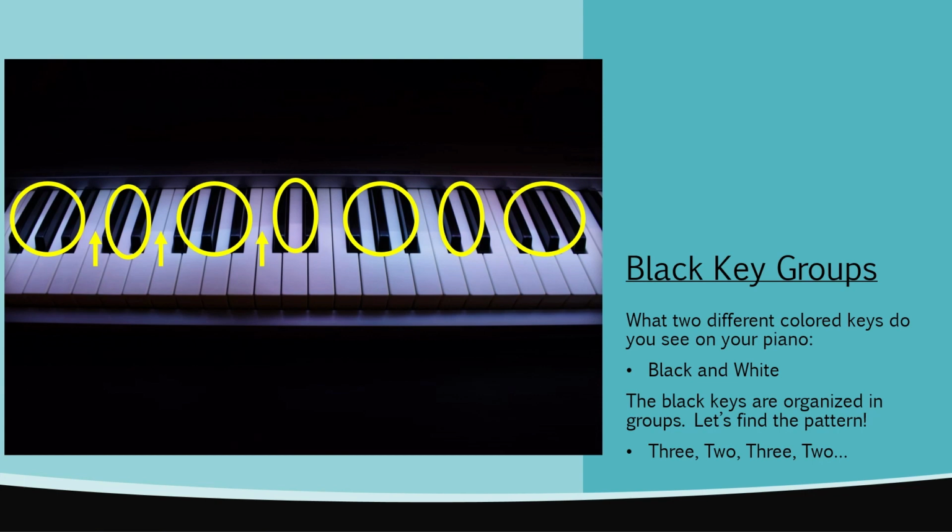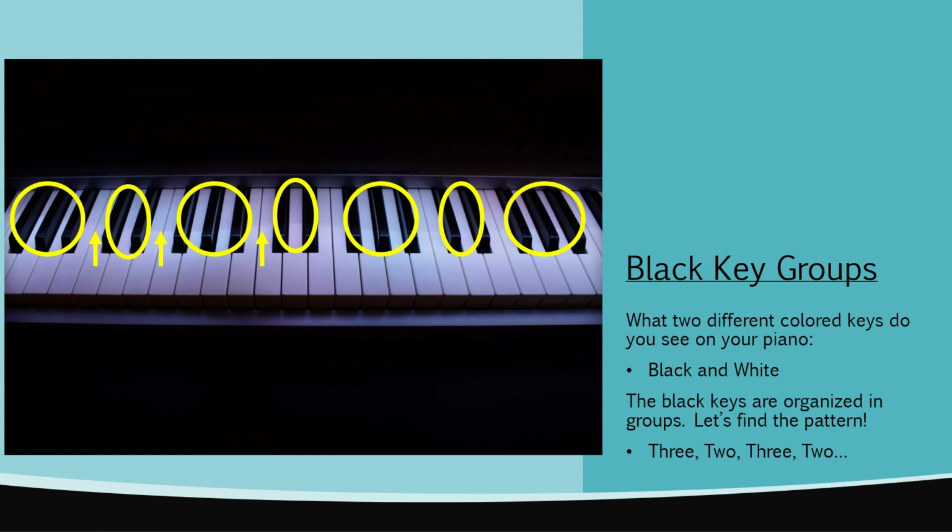Now, depending on the size keyboard that you have, you may see the pattern starting with a different number. So the keyboard that I'm going to use in a couple of the other videos later on in this post to teach you Mary Had a Little Lamb and Hot Cross Buns starts with groups of 2 black keys. So the lowest group on that keyboard is 2, and then we have 3, and then 2, and then 3.